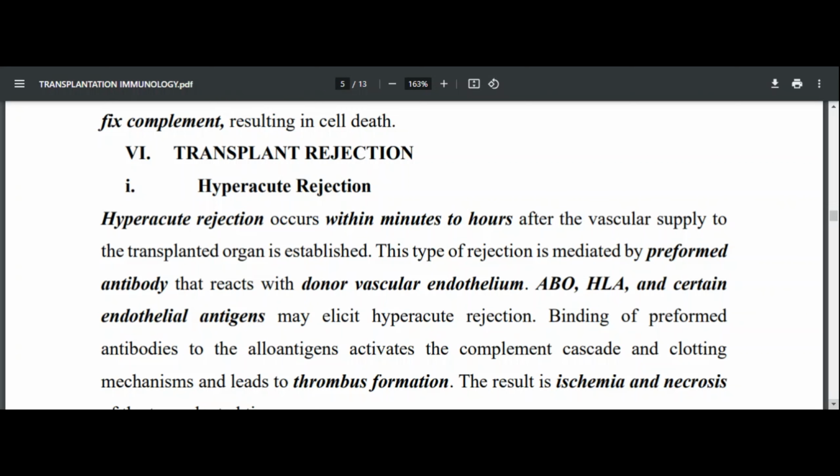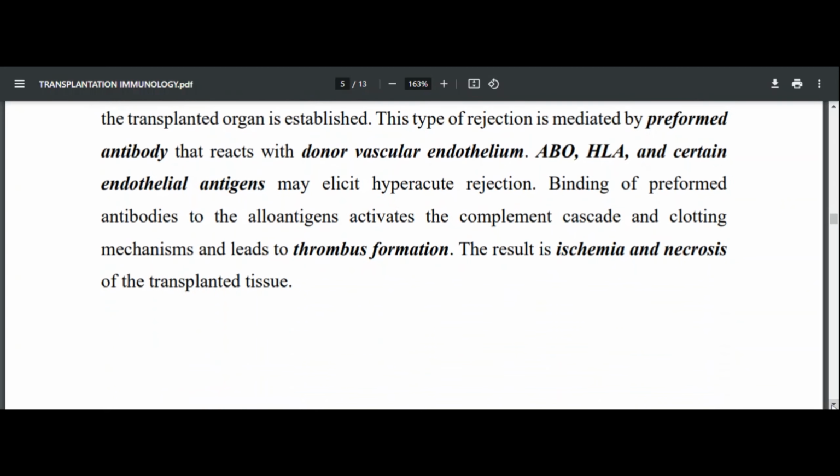So the result is ischemia and necrosis of the transplanted tissue. You can imagine within one hour or within a few minutes, the tissue is suffering ischemia and, eventually, necrosis. This is a serious hyperacute rejection.